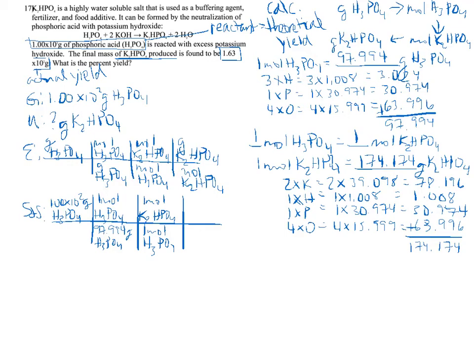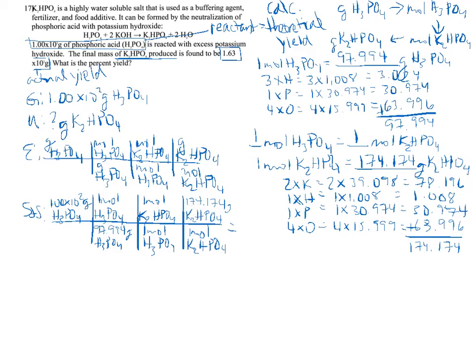And then last but not least, our molar mass of K2HPO4, 174.174 grams on top, and then we need the 1 mole of our substance on bottom. So 1 mole of K2HPO4. Math-wise, what are we doing? We're taking our 1.00 times 10 to the second, dividing it by the 97.994, and then multiplying by 174.174.